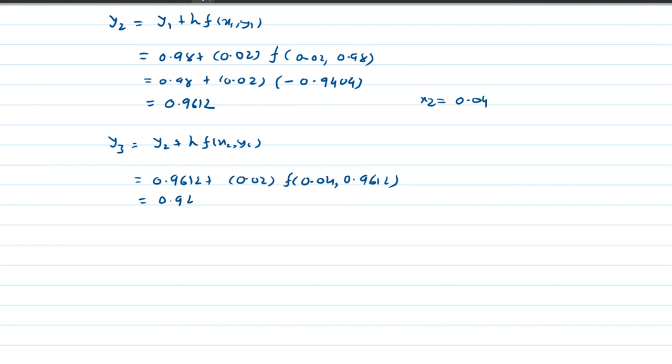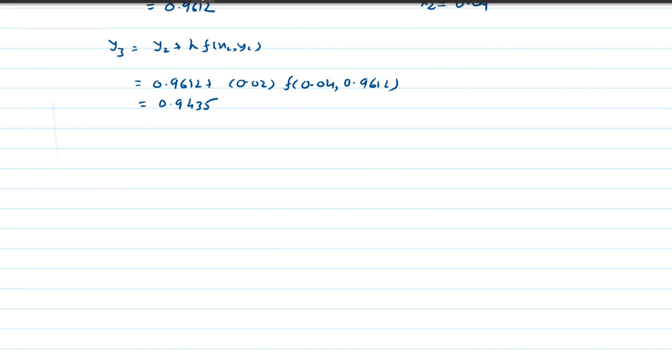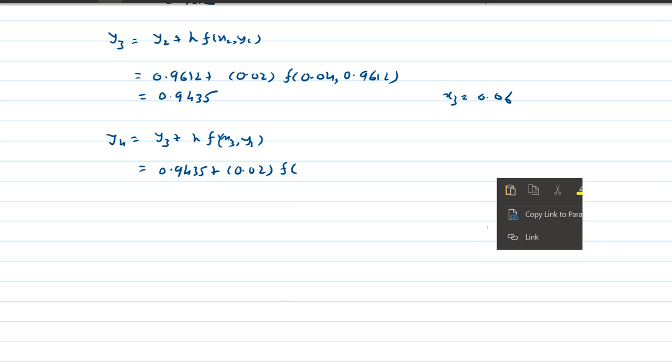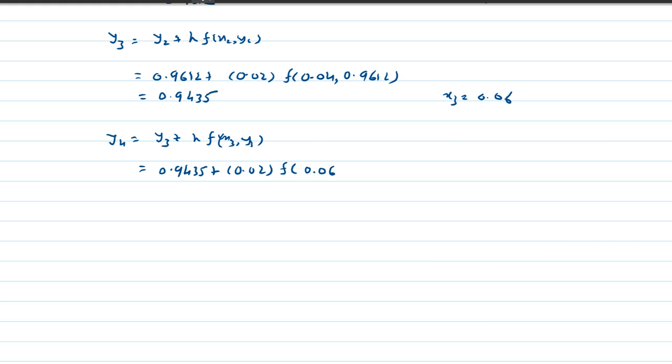Next, we will find y4. y4 is y3 plus h times f of x3 comma y3, which is 0.9435 plus 0.02 into f of x3, which is 0.06, and 0.9435. On simplification it gives you the value 0.9269.